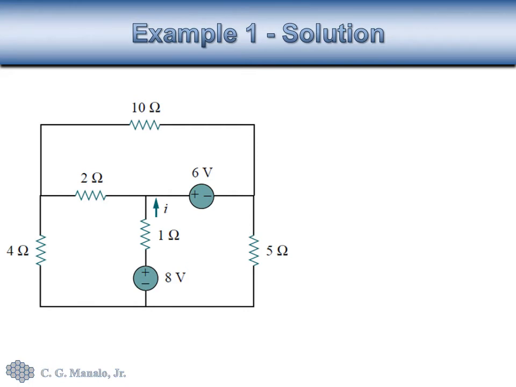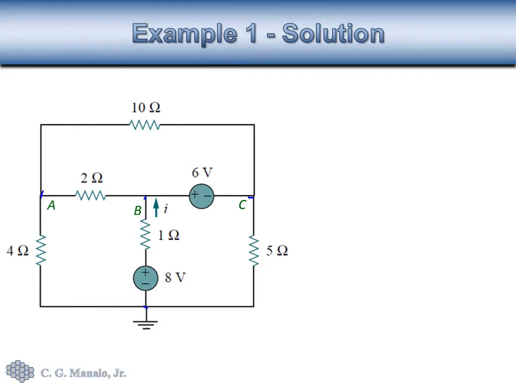So the first step again is to identify the nodes where 3 or more elements are connected. So these will be the nodes. So this one is node A, node B, node C, and we decide to make this node as our ground node.